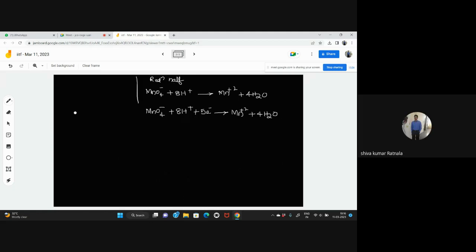Now what oxidation state did we get? Iron plus 2 to iron plus 3 plus electron. Now what will we do here? We will multiply the Fe plus 2 half by 5. For my easiness, I'm going to write it again.